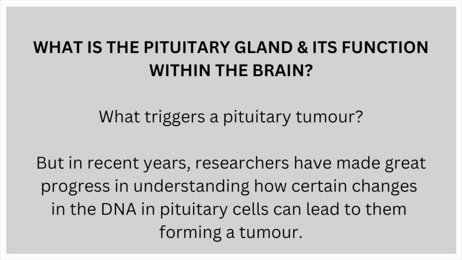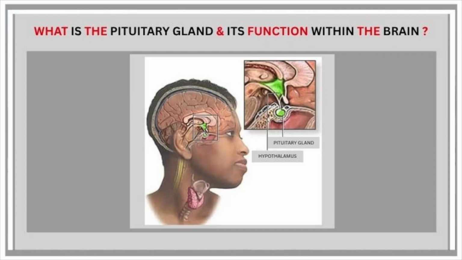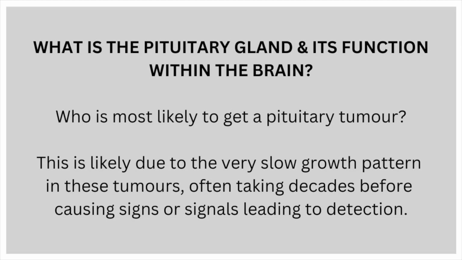But it's better than nothing, isn't it? At least I got something. The DNA in our cells make up our genes, which control how our cells function. This is likely due to the very slow growth pattern in these tumours, often taking decades before causing signs or signals which lead to detection.